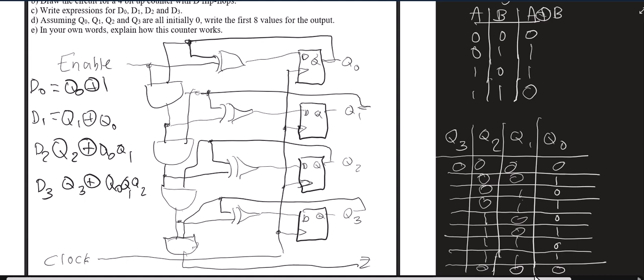Okay, so now let's go to D3, which is going to be Q3 exclusive ORed with all three of these ANDed together. All three of these ANDed together is going to be 0 until we get down to this line right here, because in each of these lines above, there's at least one 0.